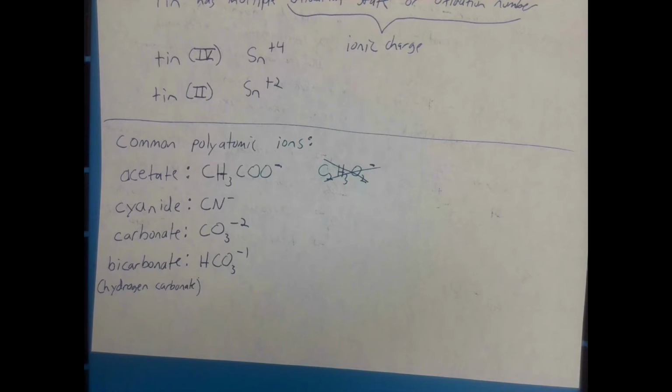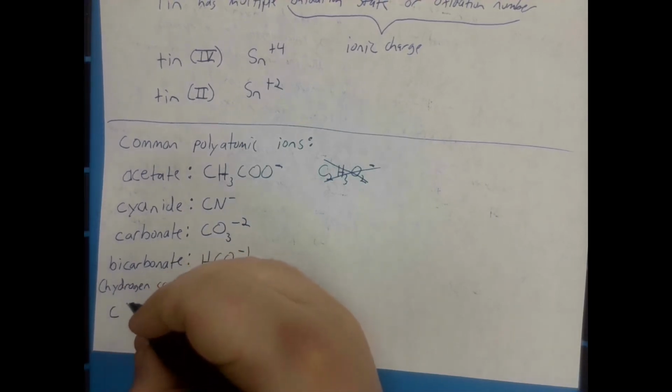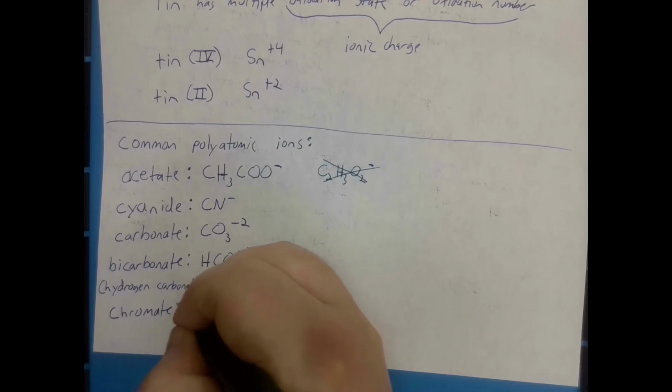Where's chromate? There it is. Chromate is one of the special ones of the ions that I didn't go over. It is also one that has 4.